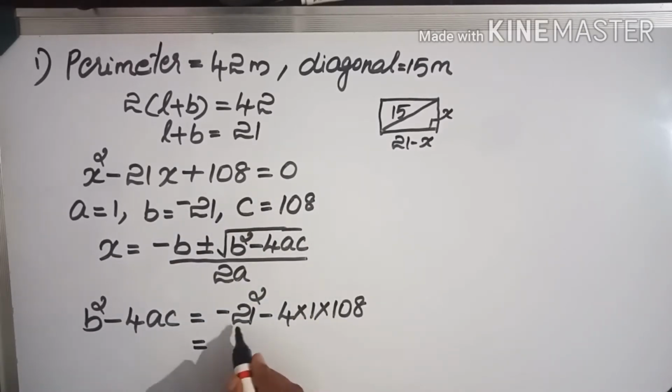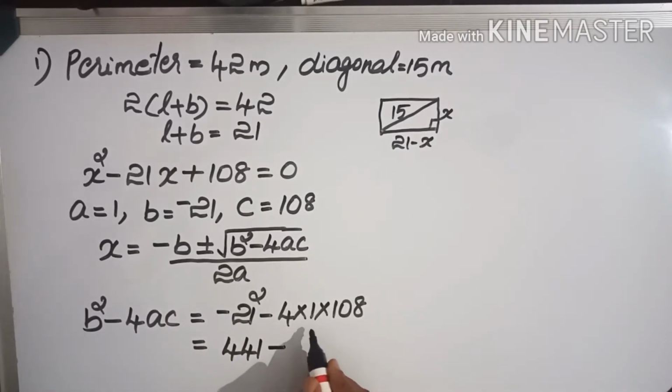Minus 21 square is 441, negative will be positive. Next, minus 4 into 1 into 108 is 432. So 441 minus 432, the answer will be 9. So we got discriminant equal to 9.